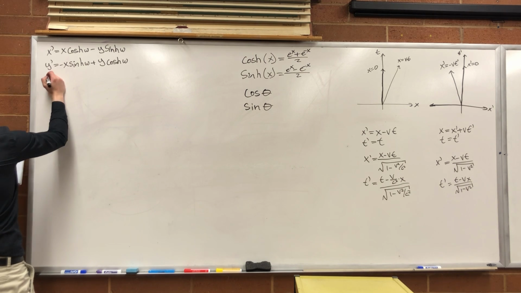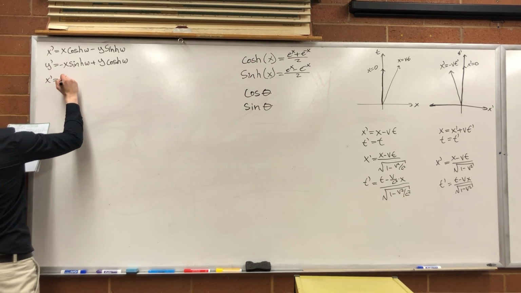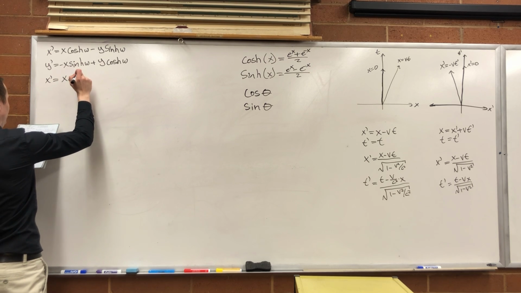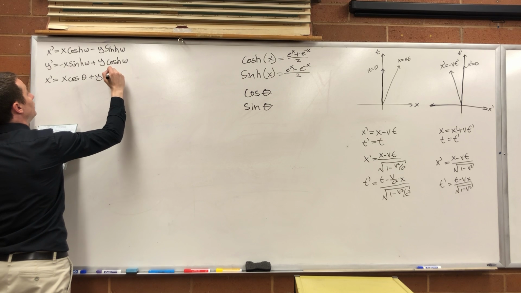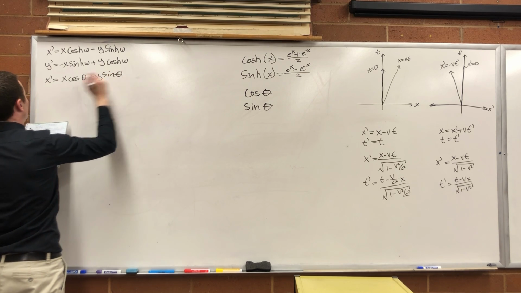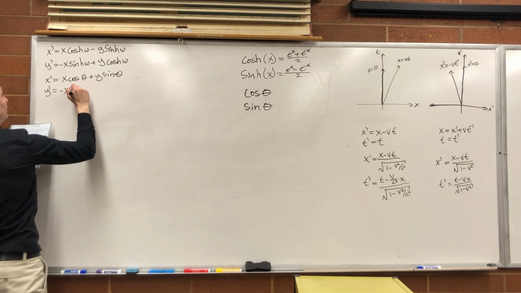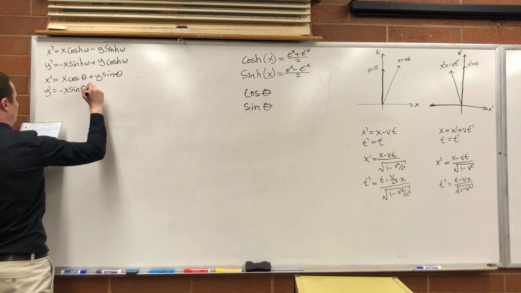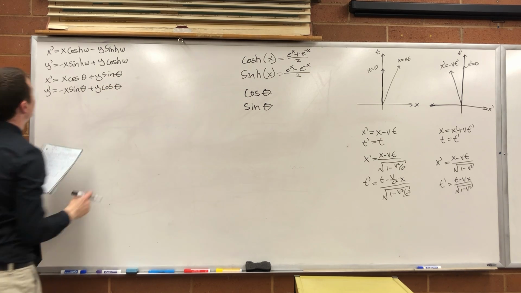So the ones we had before, just so you can see similarities and make their order match so you can see the translation and how they're closely related. And we have y prime is equal to minus x sine of theta plus y cosine of theta.